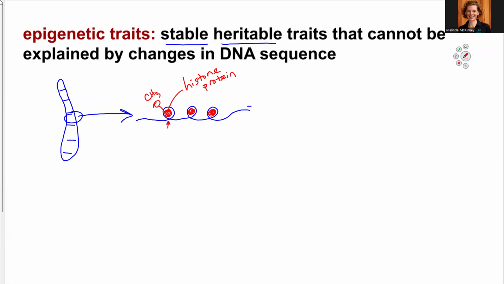Similarly, if you actually look at the DNA itself, so let me go back here. If we were to zoom in closer on this DNA, just keep it blue. So this DNA is a double helix, which we'll learn more about soon. So it's got a sequence of nucleotides, which are the monomers of nucleic acids.